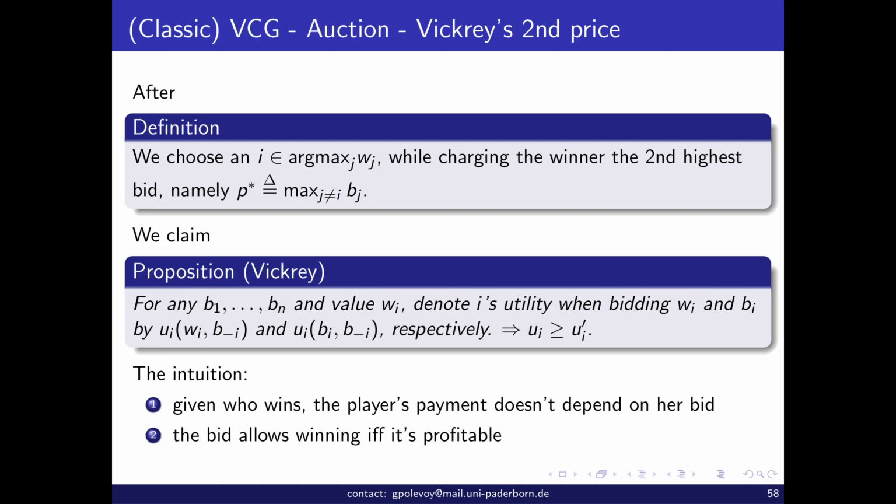For the sake of the statement, for any bid, assume that your actual value is wi. So denote i's utility when bidding the actual value wi, but the rest bid whatever, by ui, and i's utility when bidding something, whatever bi, the rest keep bidding b minus i, as ui prime.